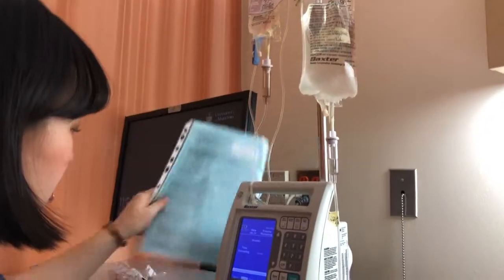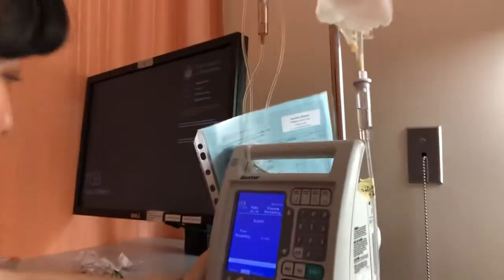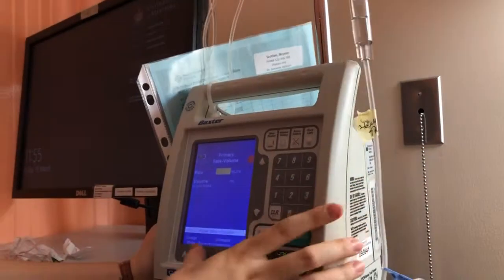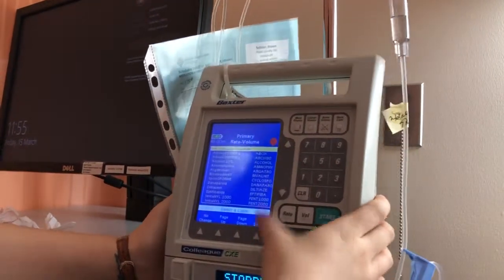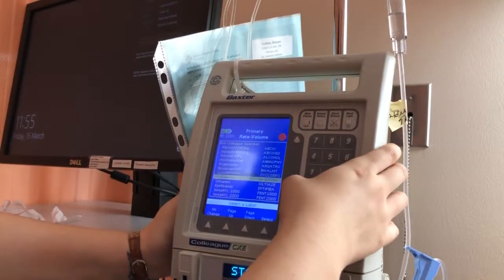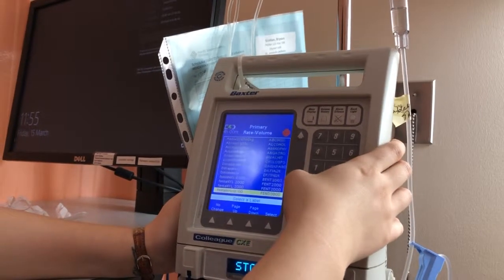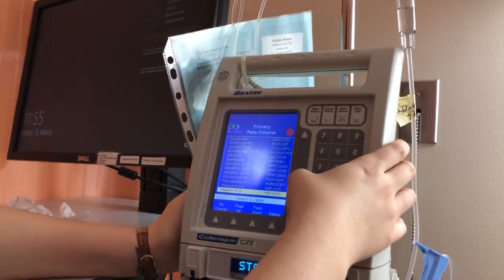So I'm going to put the pump on. So I go primary and change mode. I go Guardian and do insulin. That's the rate.